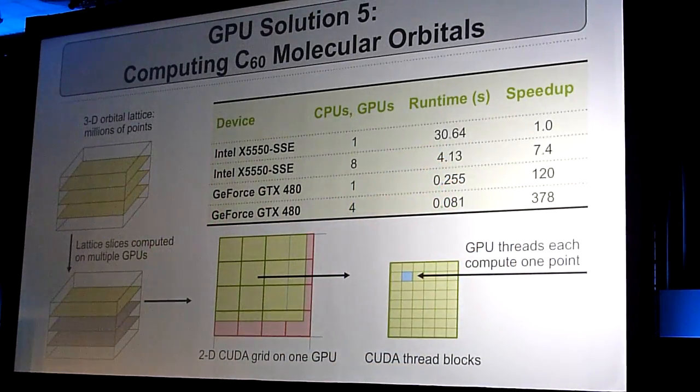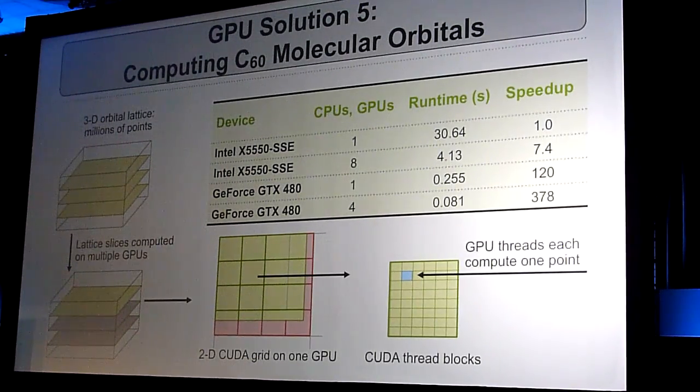Why is this so? Why do GPUs help? The nice thing is that you can calculate the electron clouds point by point independently. So you can generate many threads and put them on the GPUs.